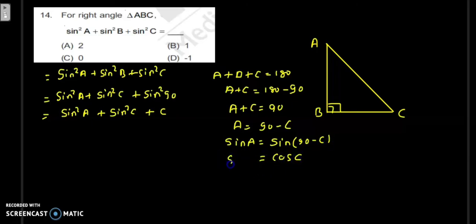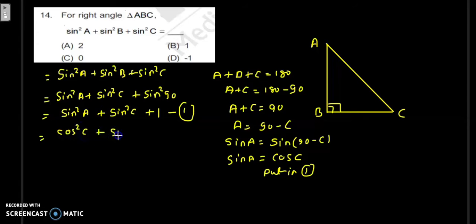So sine A equal to cos C, equation 1. Put in equation 1: sine square A means cos square C plus sine square C plus 1. So 1 plus 1 will be 2, your answer, option A.